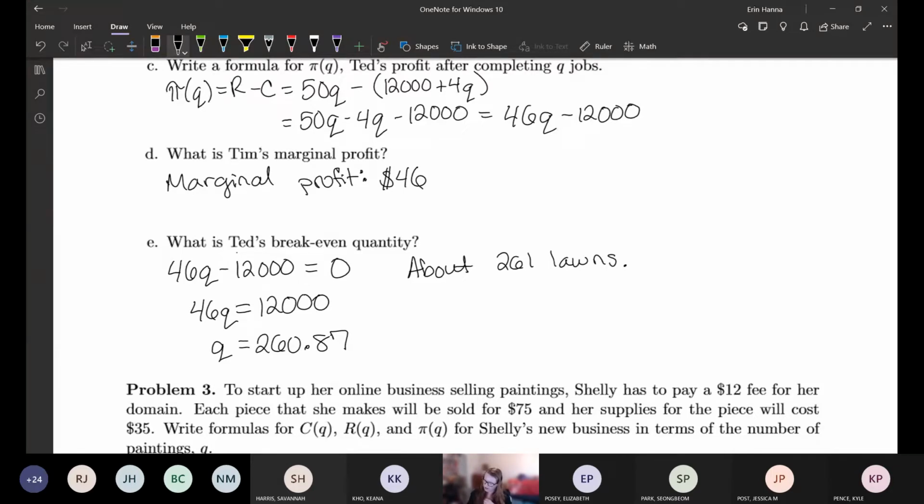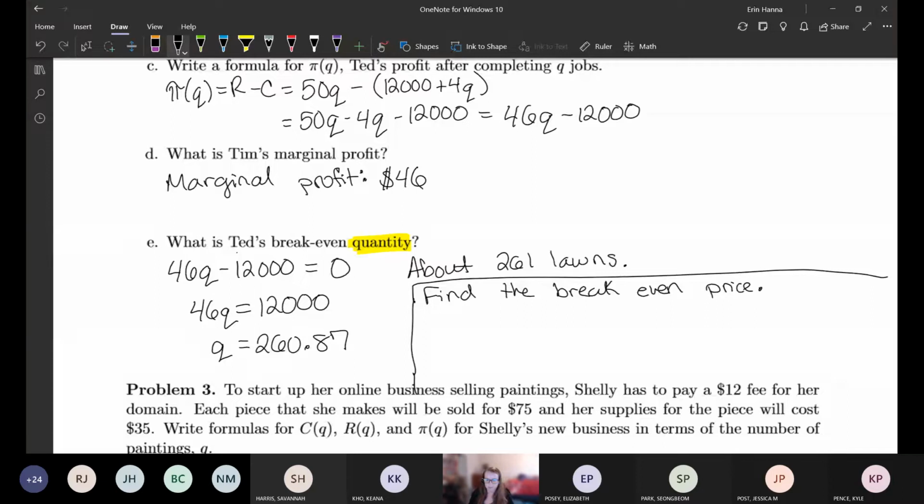Anyway, now I'm going to take this a step further and ask something that we weren't actually asked here. Because notice here it said break-even quantity. So I can technically stop because it didn't say break-even point, so I didn't need the break-even price, but we're going to find it anyway. Find the break-even price.